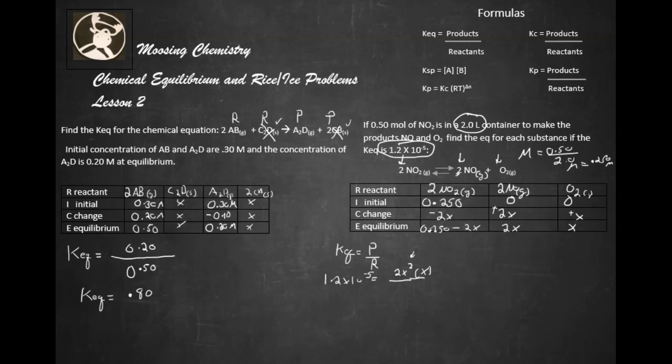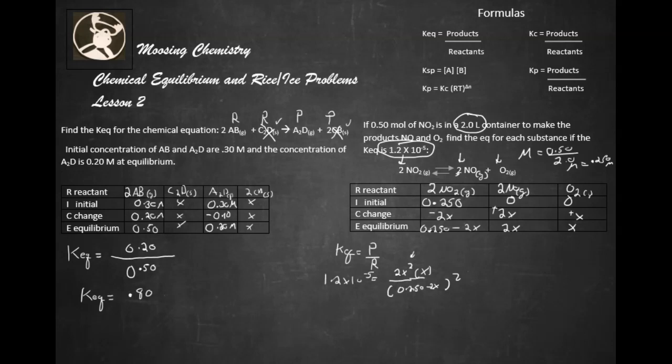Awesome. Divided by, of course, our other number, which is going to give me 0.250 minus 2x squared.